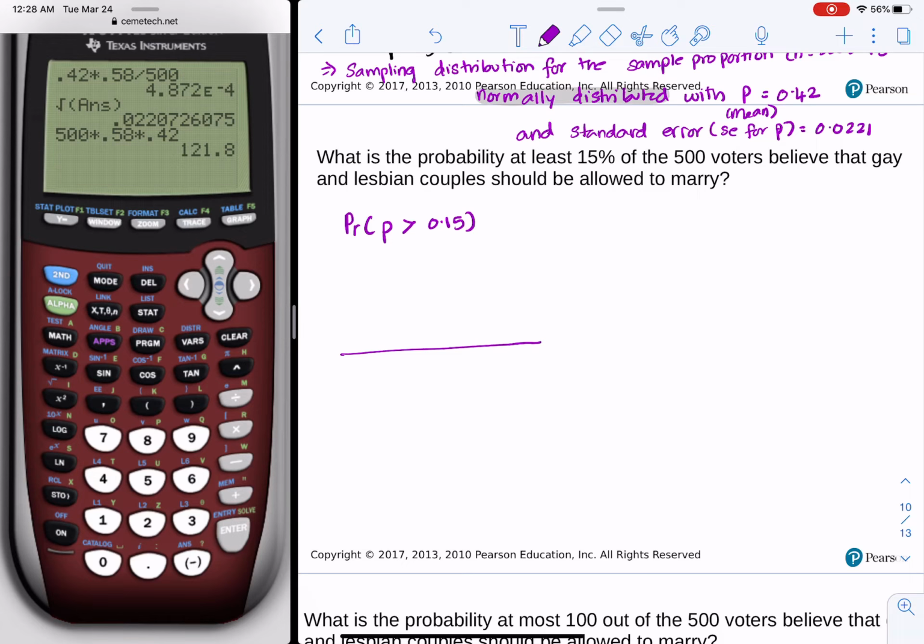We know that the proportion is normally distributed with mean 0.42, and the standard error, or the standard deviation in this case, is 0.0221. 0.15 is somewhere over there, and we would like to find that probability of p greater than or equal to 0.15, which is the same as the probability of p greater than 0.15 for normal distributions.